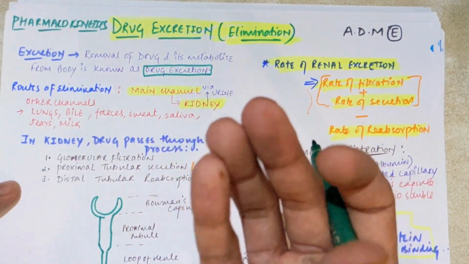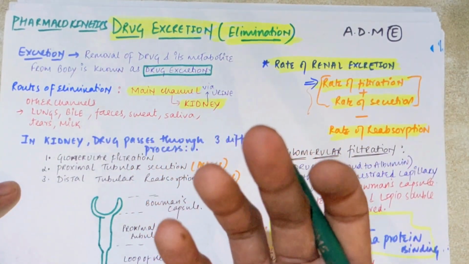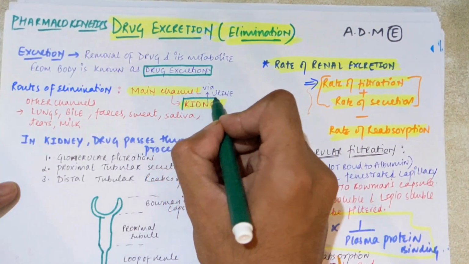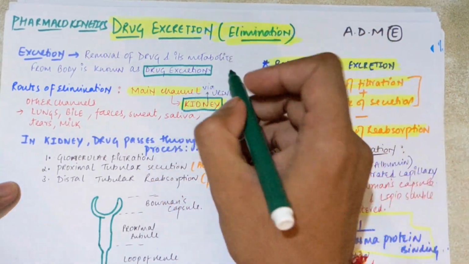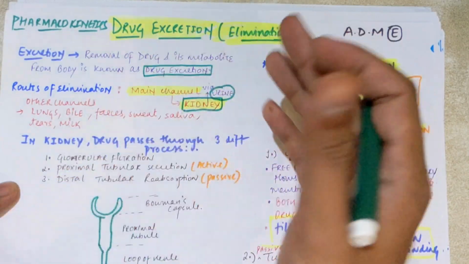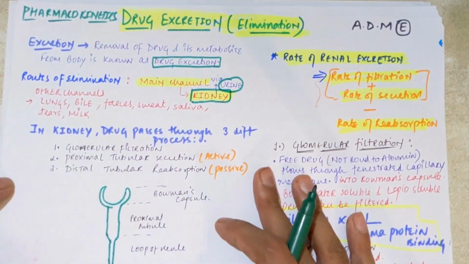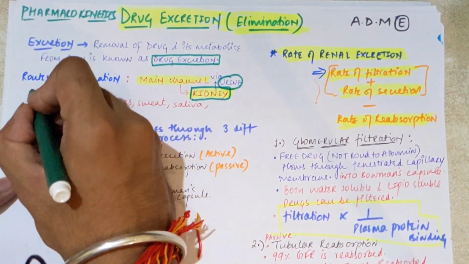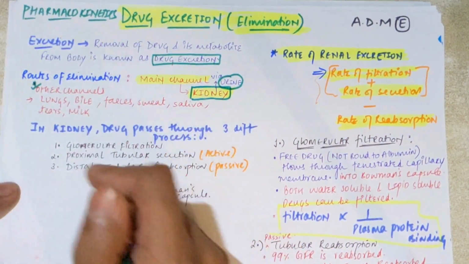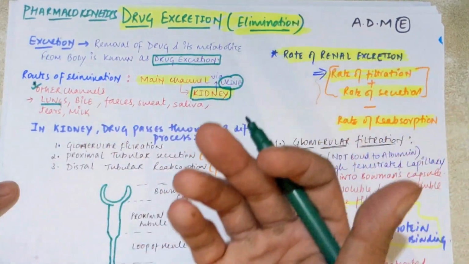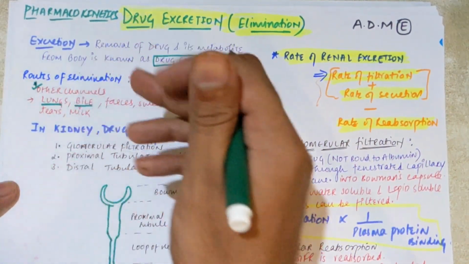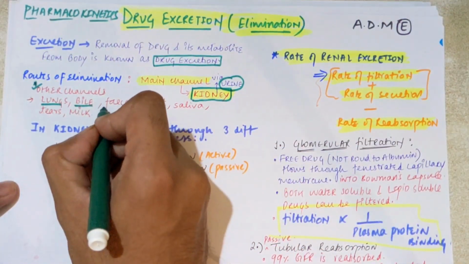Now what are the routes of elimination? The main route from which most of the drugs are excreted is the kidney, specifically via urine. Most drugs are filtered out and then excreted through the urine. Other channels include the lungs through exhalation of air, and bile, which goes into the feces, and directly through the feces.